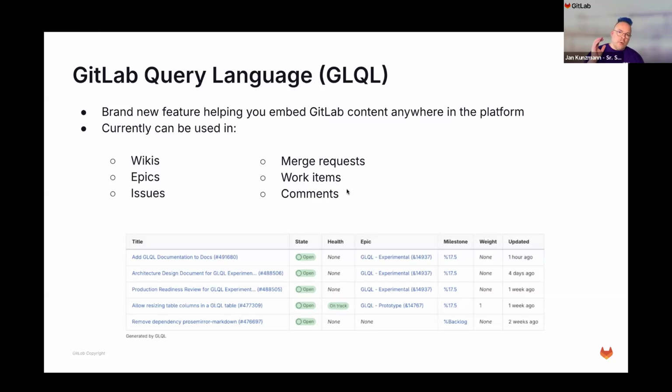So everywhere where GitLab uses Markdown to allow you to enter content, you can use the GitLab query language to show a tabular view of issues and specific attributes of those issues.